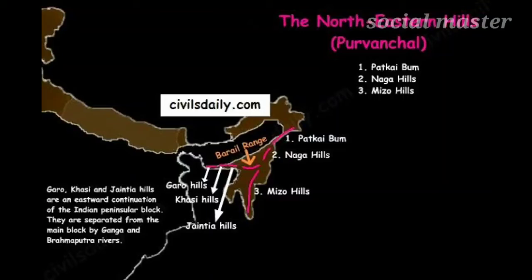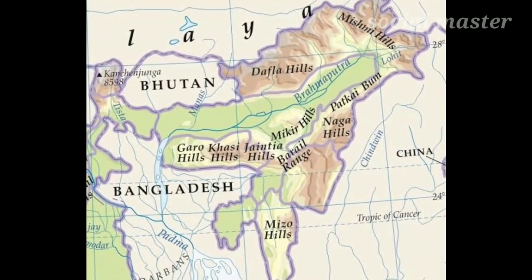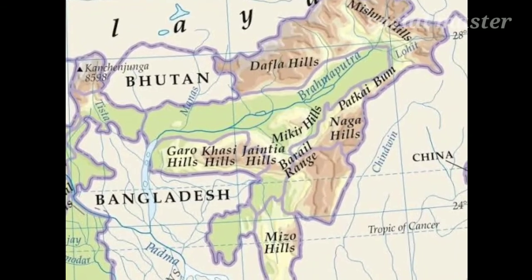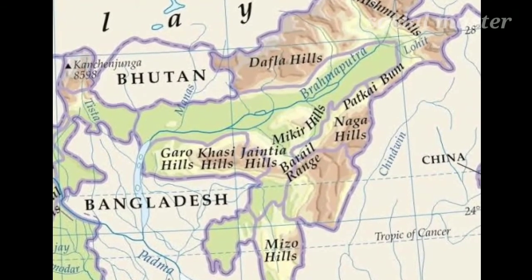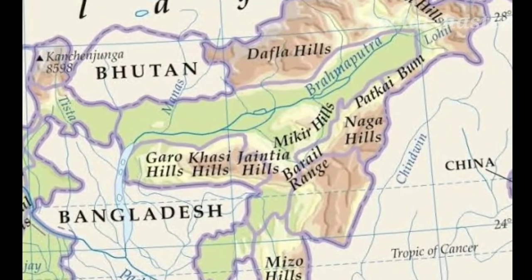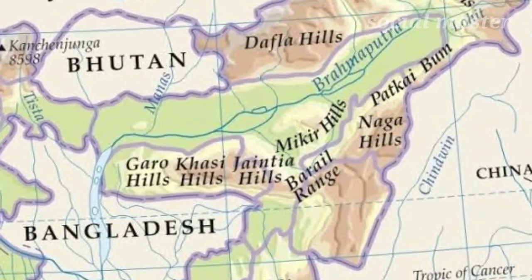These hills are composed of sedimentary rocks and stones. Regionally there are different names for the Purvanchal hills: Patkai Hills, Naga Hills, Manipuri Hills, Khasi and Mizo Hills.